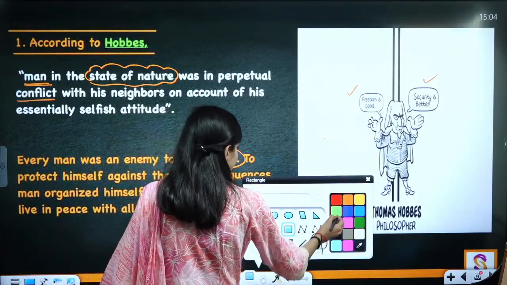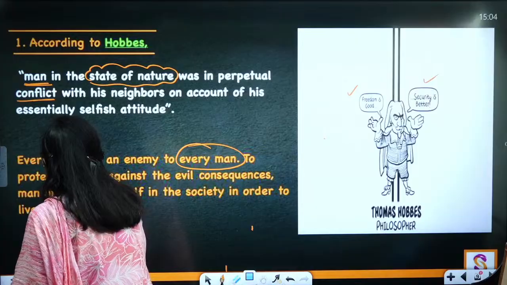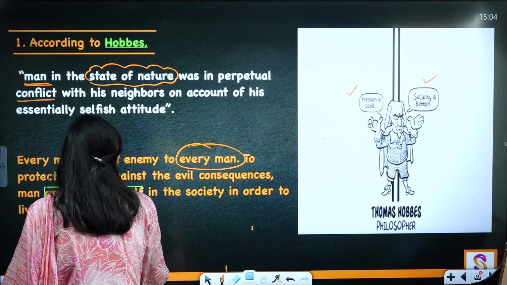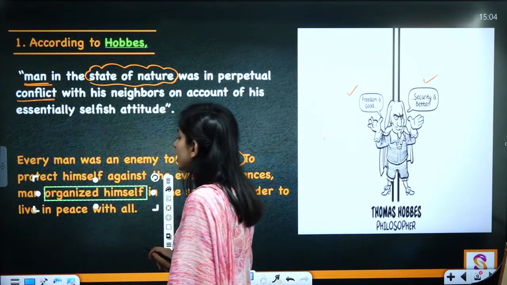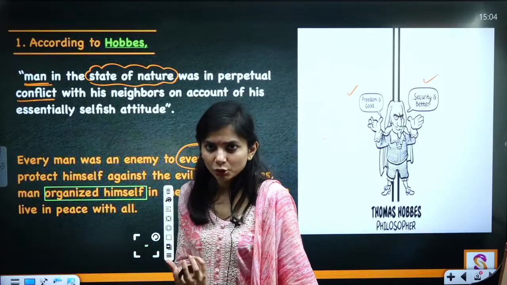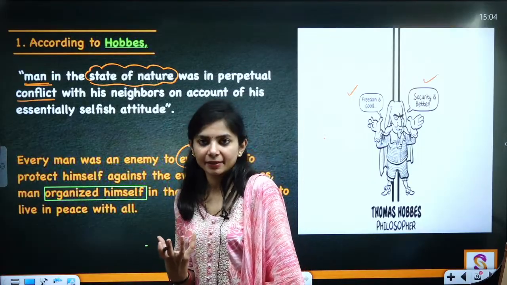And it's basically the result of this fact that when they started the process of organizing themselves, there was only one solution for this, which is to create the state.